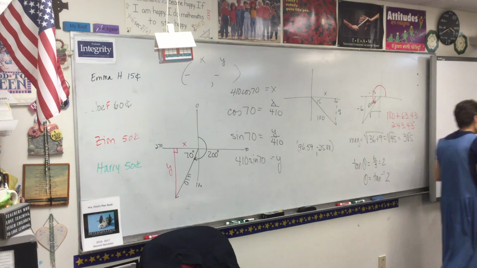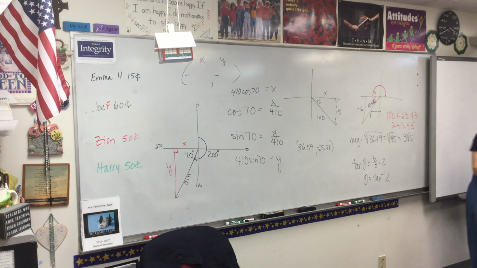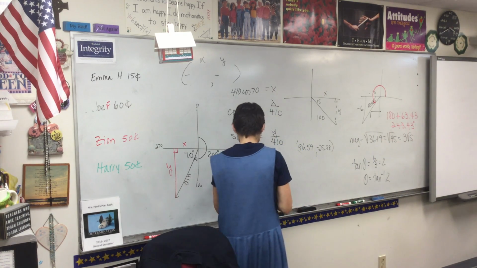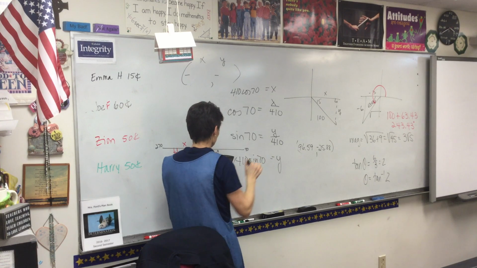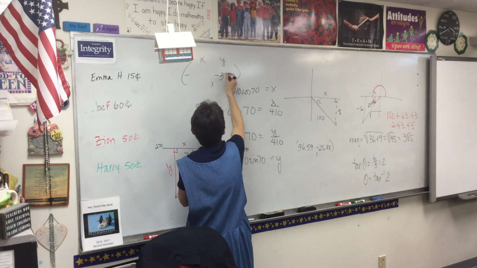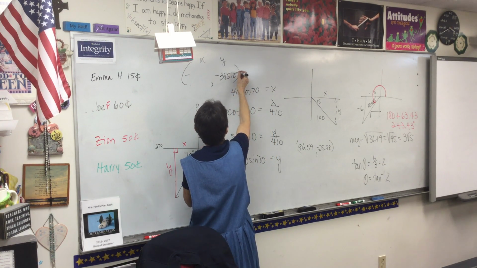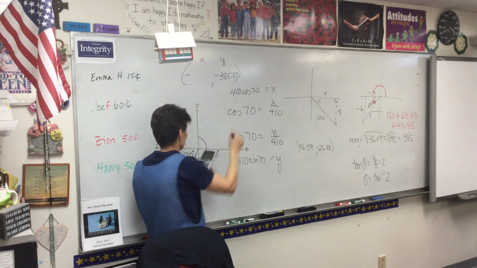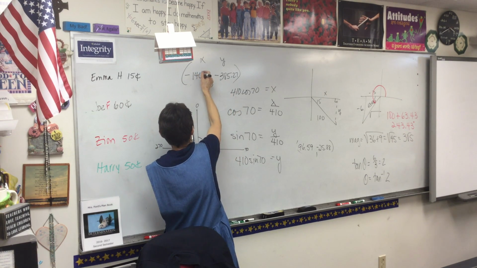Now, I'll type those in, remembering that when I write them down, they have to both be negative. So 410 sine 70 is 385.27, and 410 cosine 70, negative 140.23.